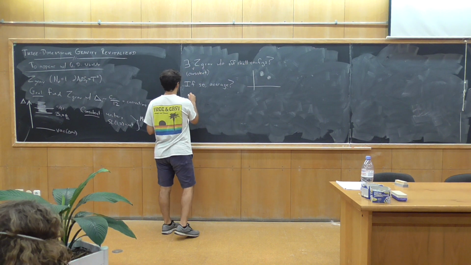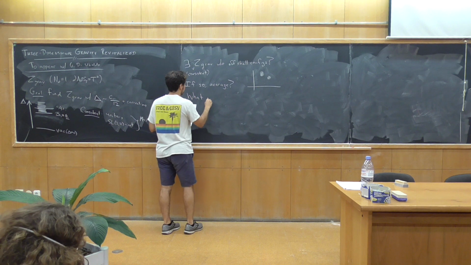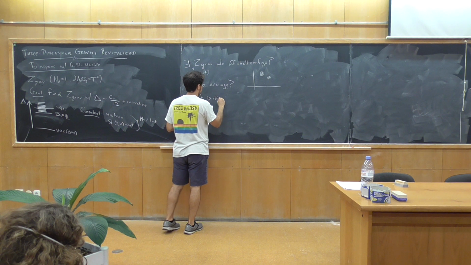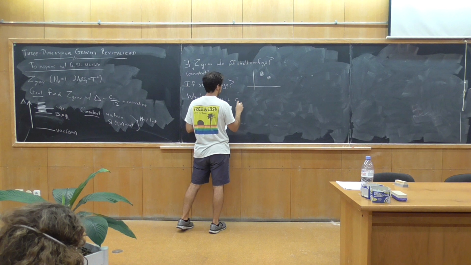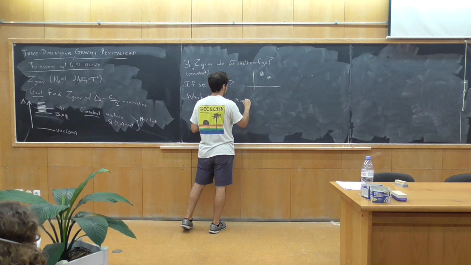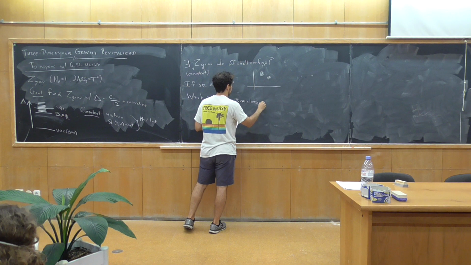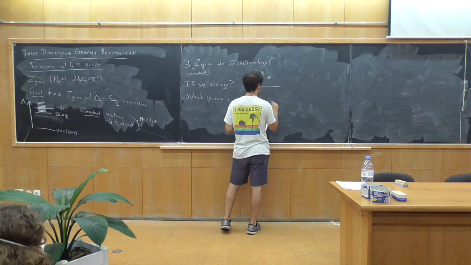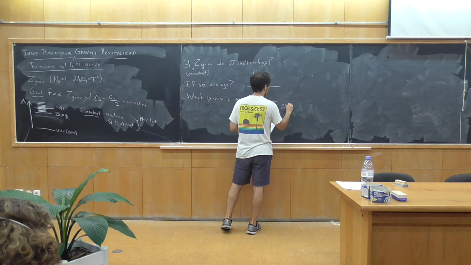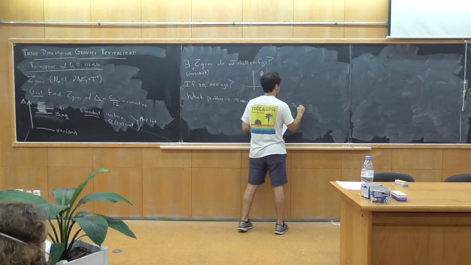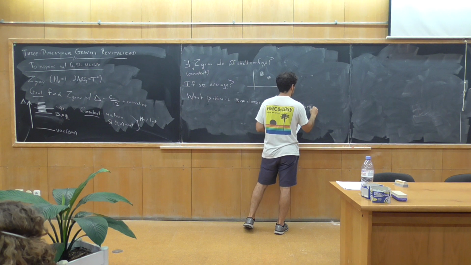So, to say it another way, what problem is semi-classical 3D gravity solving?